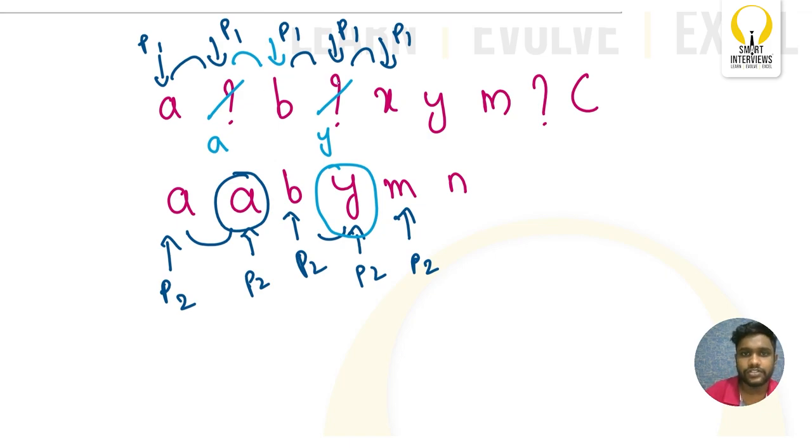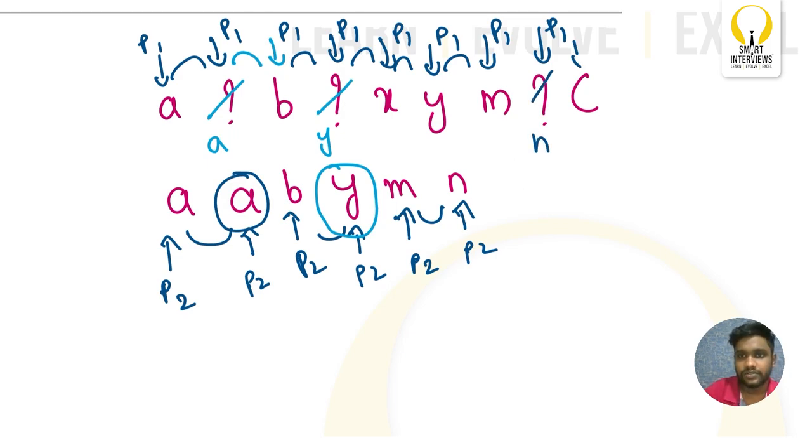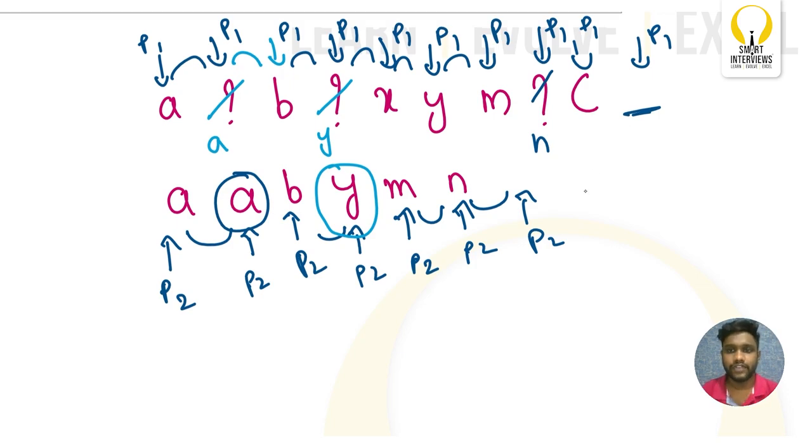These two are not equal, so we just move P1 forward. These are again not matching, so move P1 forward. Now this is matching, so when they match, we move both of them forward and replace the question mark with that. By moving like this, P2 is already exiting and P1 will also exit. So this is how we can do it.